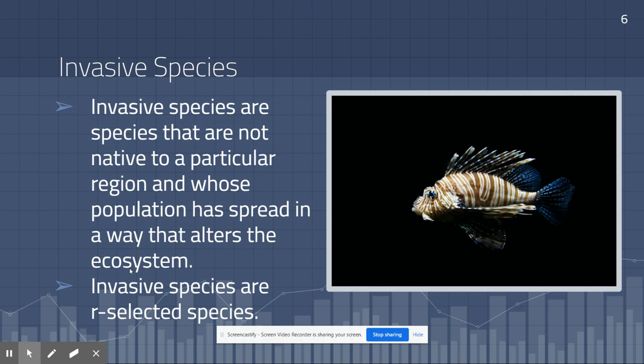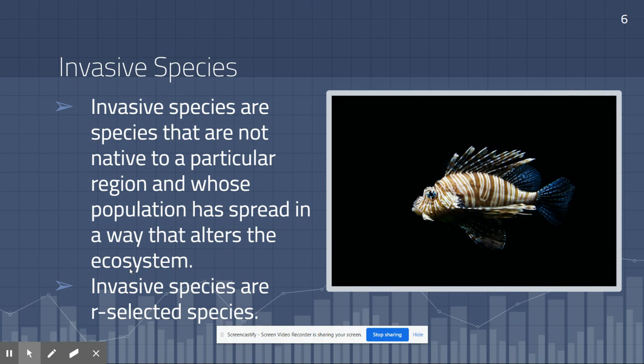So the lionfish is an invasive species, not native to the region, and the lionfish is kind of a major issue in lots of different parts of the world because it doesn't really have many natural predators. And so as a result of that, its population is kind of able to grow out of control, and it can really wreak havoc on the rest of that ecosystem.